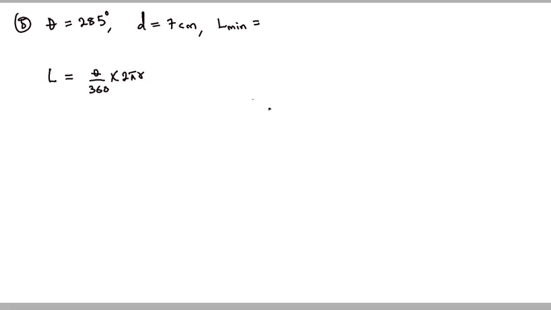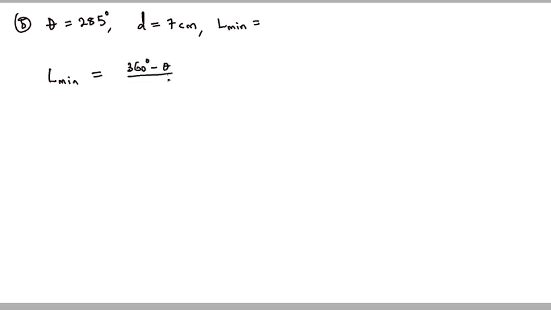So to get the angle of the minor arc, I'll do 360 minus 285. So I will now write that length of the minor arc is equal to 360 minus theta.